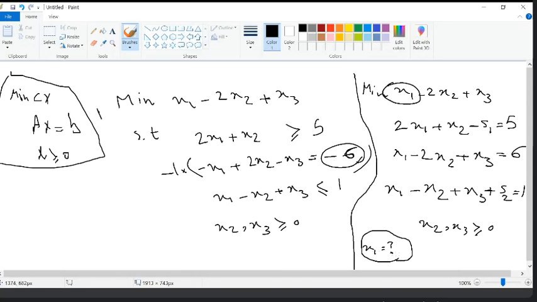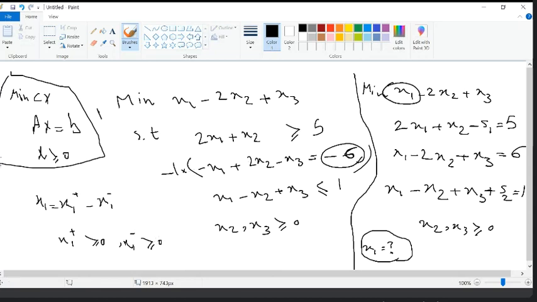This is an unrestricted variable. To solve this problem, x1 changes to x1 plus minus x1 minus, where x1 plus is positive or 0 and x1 minus is positive or 0.